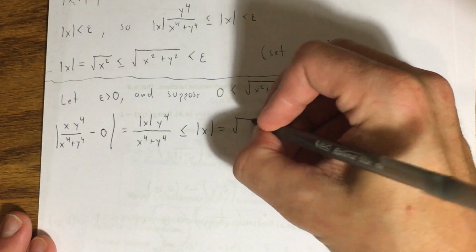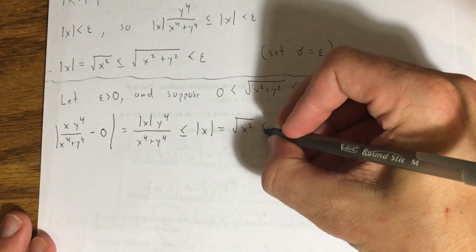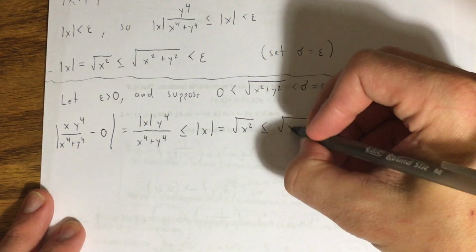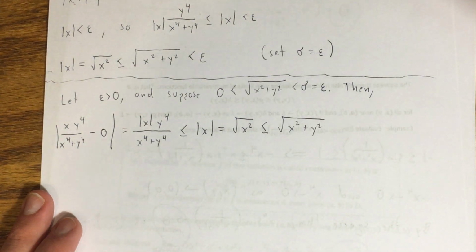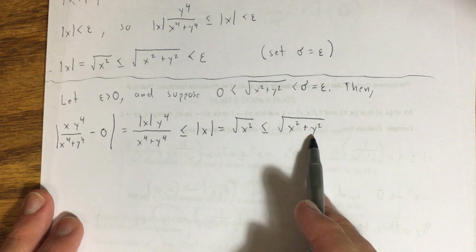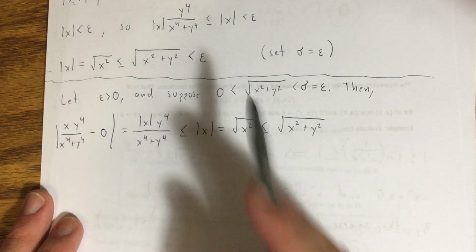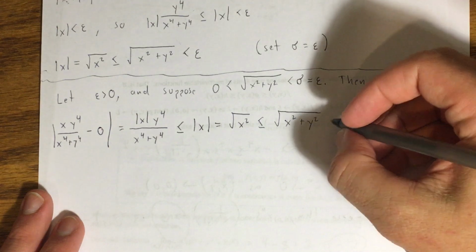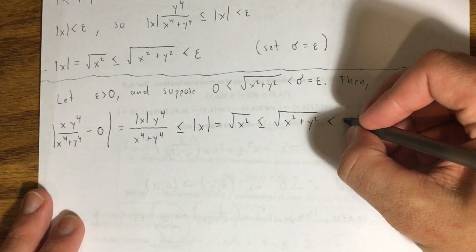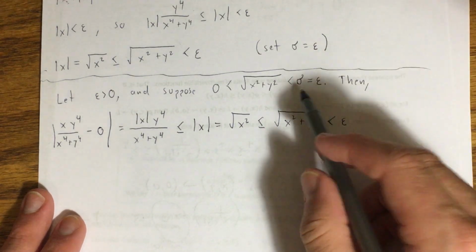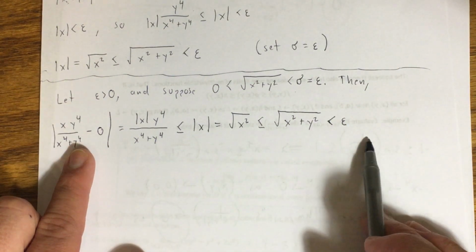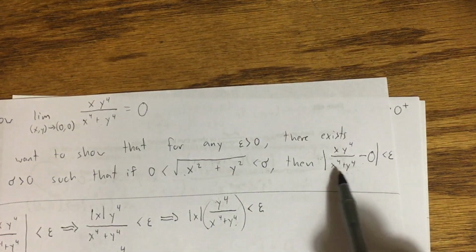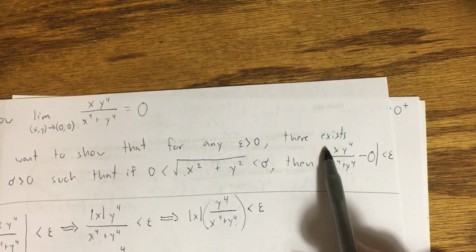This is equal to the square root of x squared, which is guaranteed to be less than or equal to the square root of x squared plus y squared. Now this, we have an assumption about this that we made at the beginning of this little proof, and that's that this thing is less than epsilon, because delta is equal to epsilon. And if you notice, that establishes what we wanted to show, that this expression, the absolute value of our function minus 0, is less than epsilon.